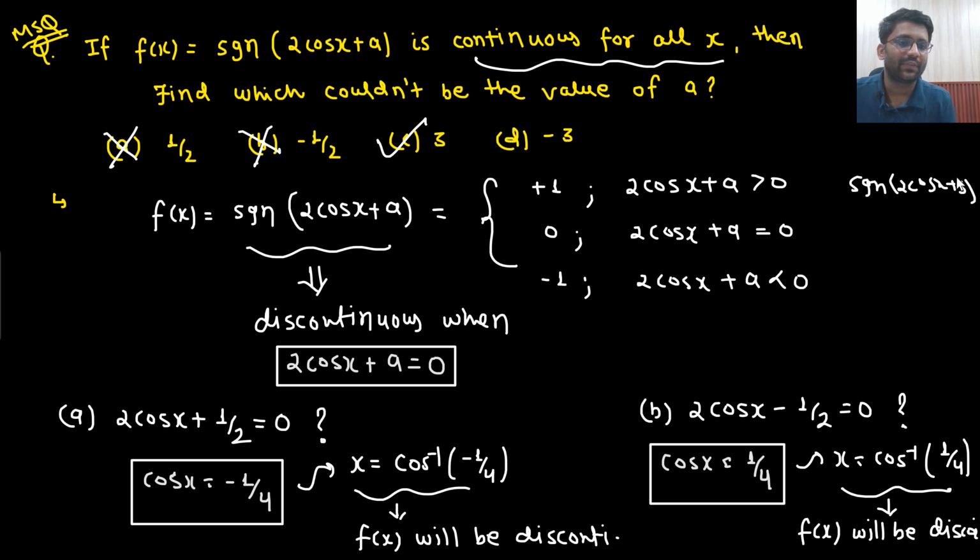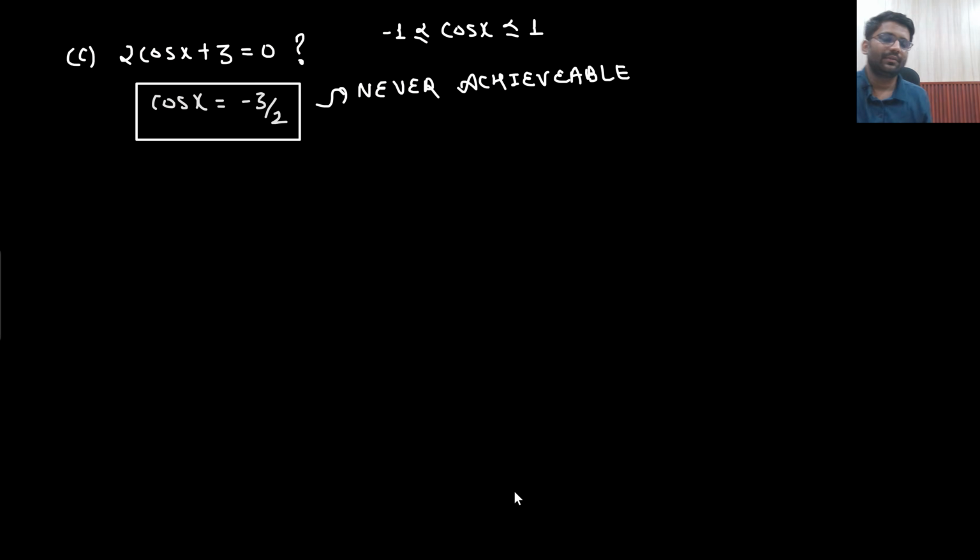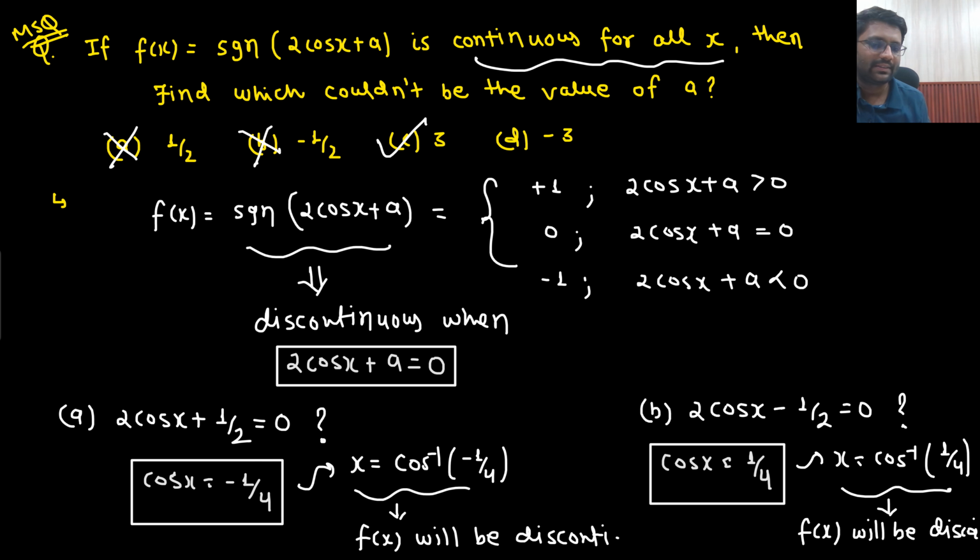I can guarantee, sir, that this function will never be equals to 0. And if this function is never equals to 0, then your job is done. Understandable? So value of a you could put as 3.